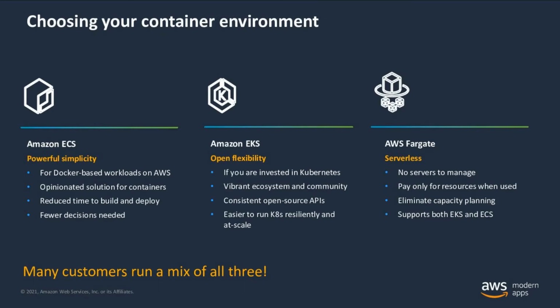Once the infrastructure is provisioned, you will need an orchestrator to provision and manage the containers and containerized applications. And you have options when it comes to the orchestrator. If you want to go all in on AWS, ECS is a great option, simplifying many decisions with an opinionated set of automations.